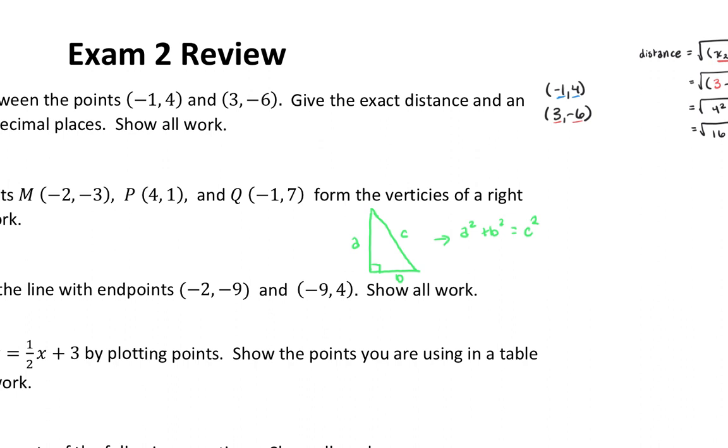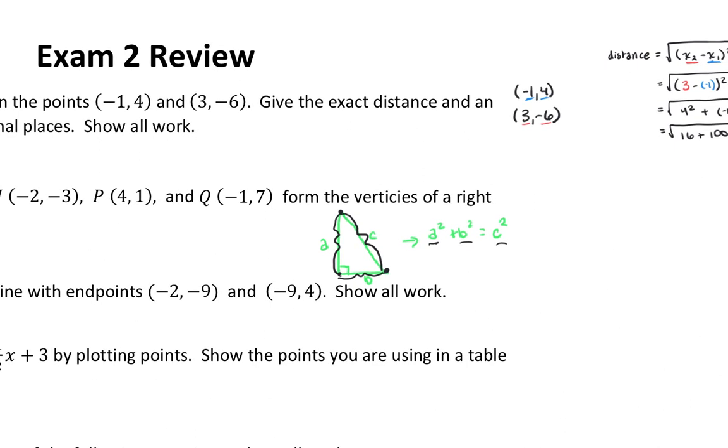So what we do is we'll assume points M, P, and Q are these vertices, and then we're going to see if our distances from here to here, here to here, here to here, fit into this rule. So I'm going to write our points down real quick.